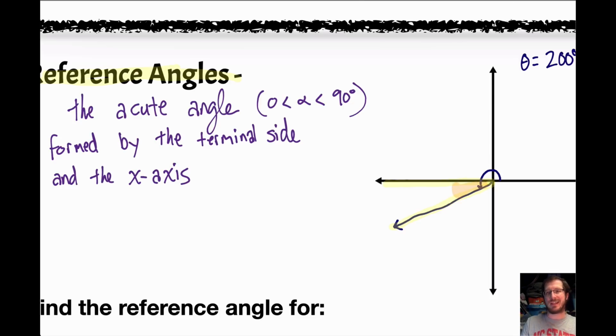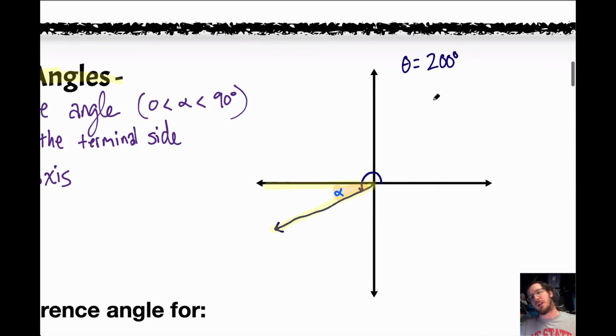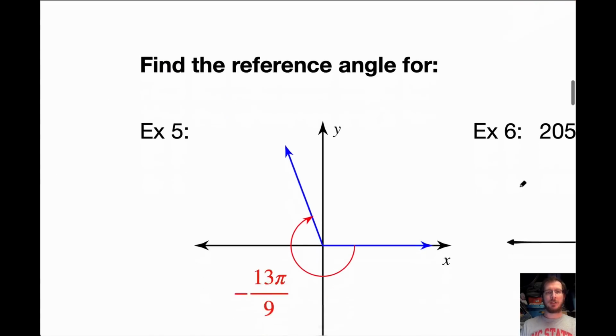We're going to name that angle alpha so that we know that alpha and theta are different angles. And for that angle, we went 180 and then an extra 20 degrees to get to 200 degrees. So that reference angle there is 20 degrees. That would be our reference angle, and we just want to find the measure of that angle.